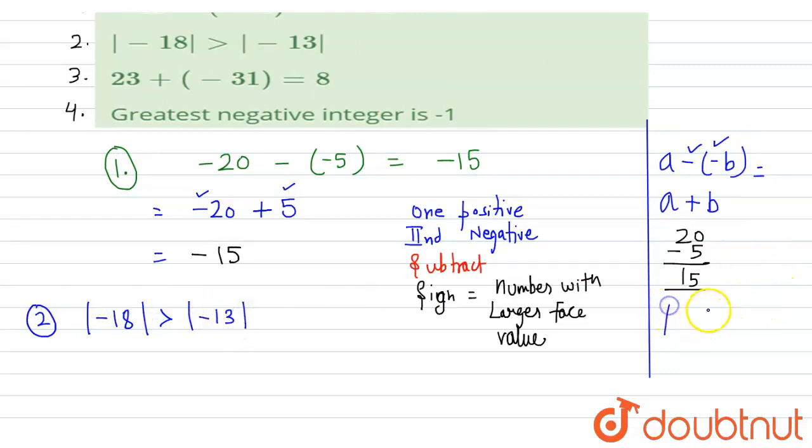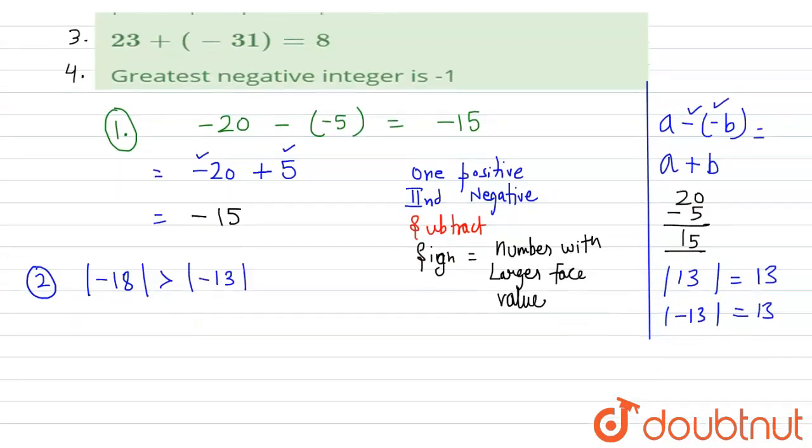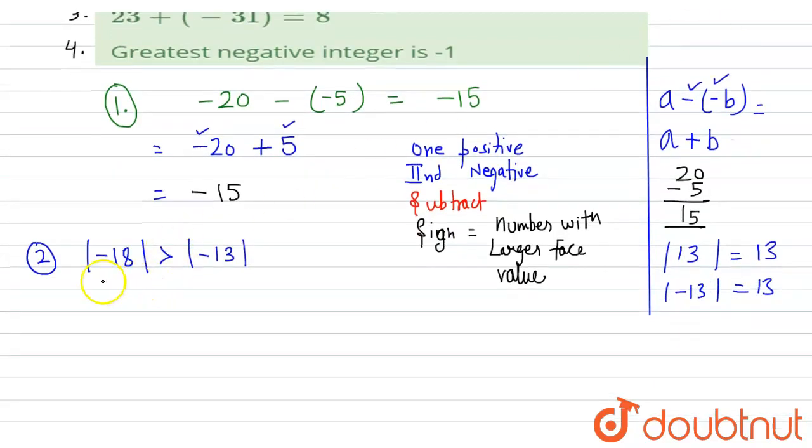Whenever we have an absolute value and any number is written inside it, we get only the positive value, even if a negative number is written inside. So the modulus of negative 18 would be positive 18, and the absolute value of negative 13 would be 13. This is saying 18 is greater than 13.